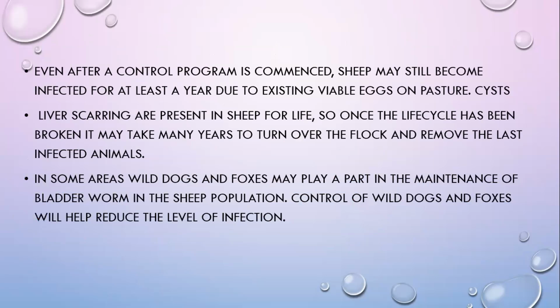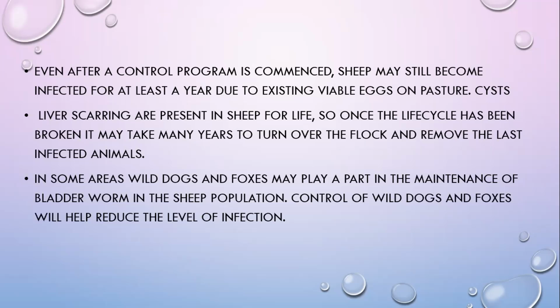Even after a control program is there, since the pasture has viable eggs, pasture management is very important. There should be clean pasture, focus on rotation of the pasture, and also effort for zero grazing.